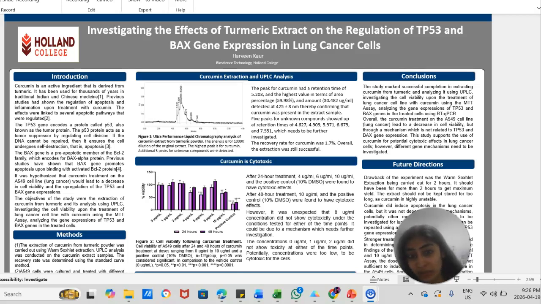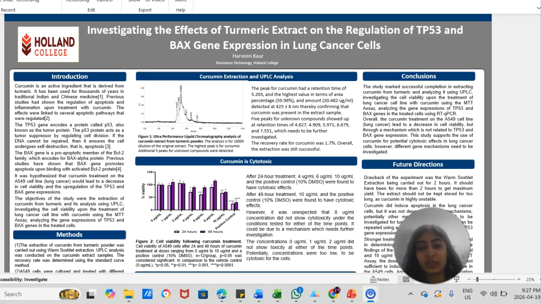Previous studies have shown that curcumin shows apoptotic effects, even anti-inflammatory effects, in cancer cell lines. So I have chosen two genes here, TP53 and BAX. The reason why I chose them was related to the apoptotic effects that they have.